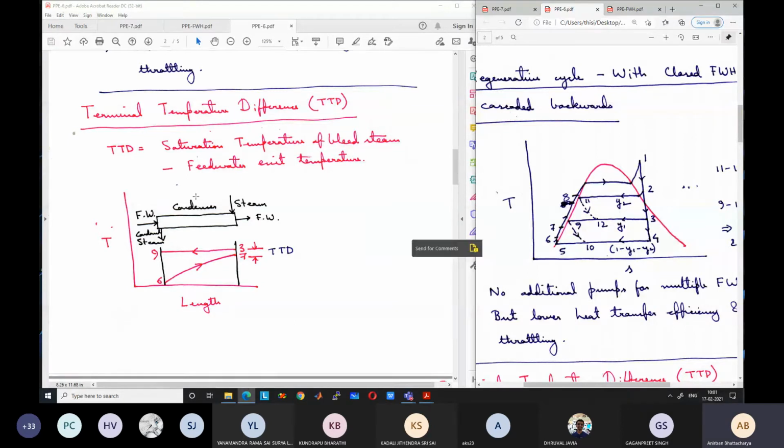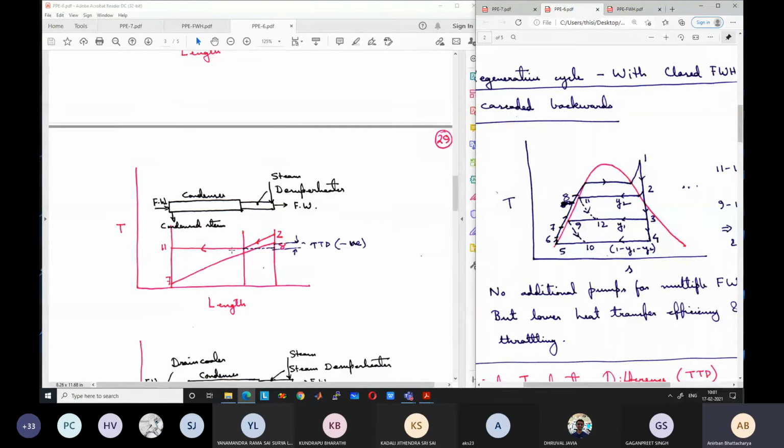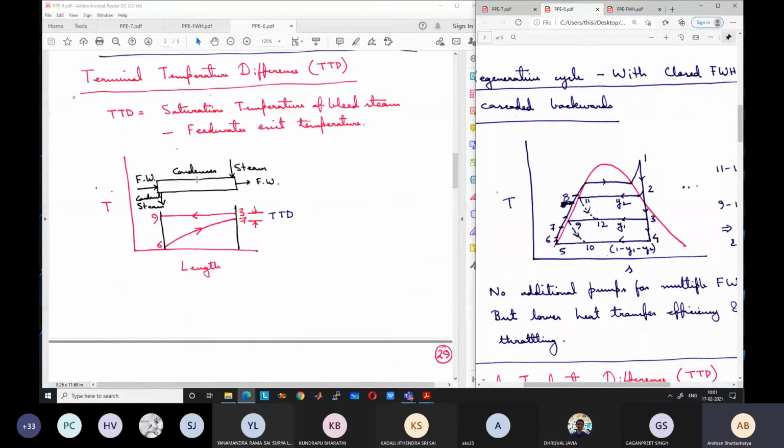So we have a condenser here. Again I am showing it linearly. This is the feed water heater. Whatever condenser I have shown was actually the condenser of the feed water heater, not the actual condenser. The process from 3 to 9 occurred because steam had entered at state 3 here and had exited as condensed steam at state 9, like a counter flow heat exchanger.